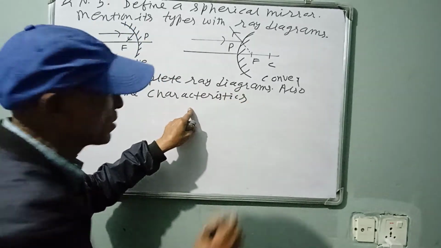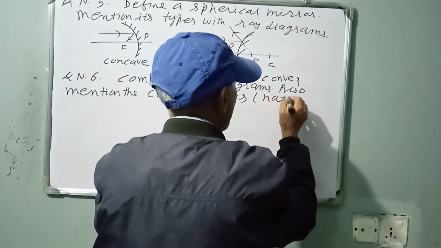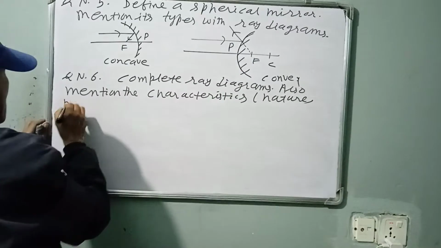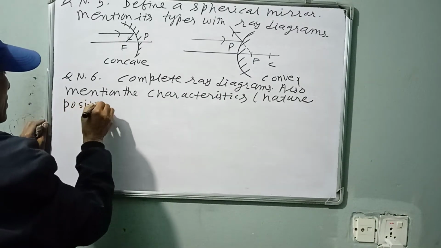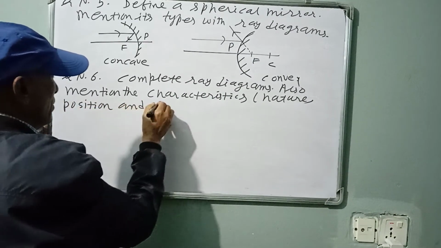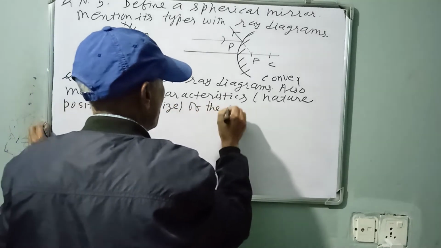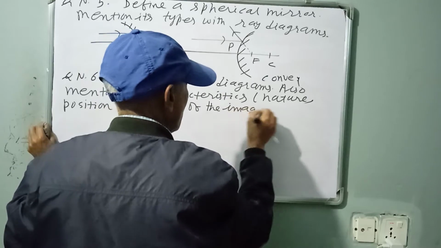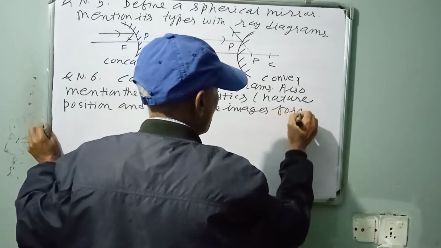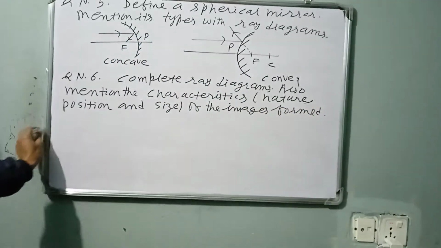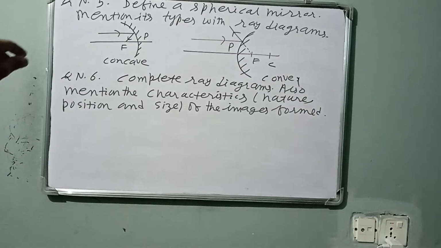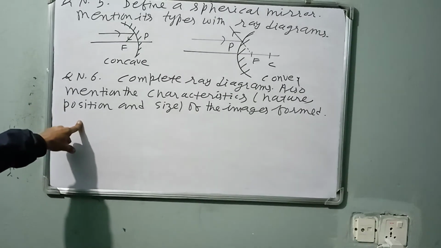Here characteristics means nature, position and size of the images formed. First of all, there are some incomplete diagrams which you have to complete and find out the answer.